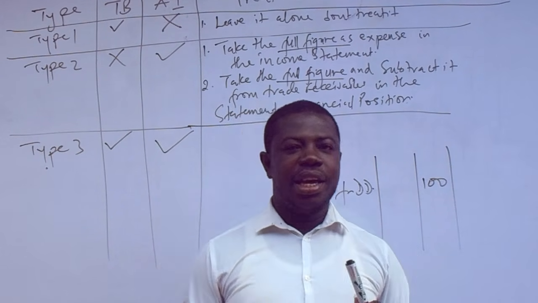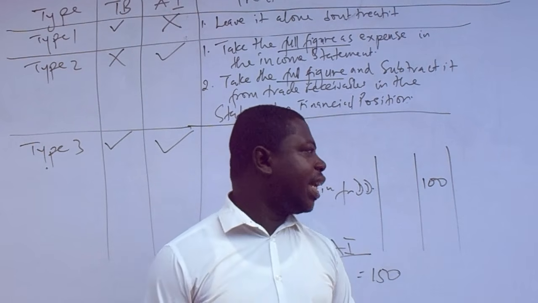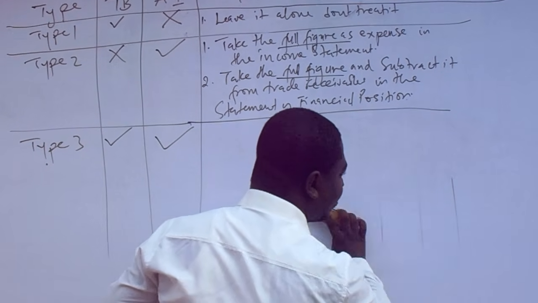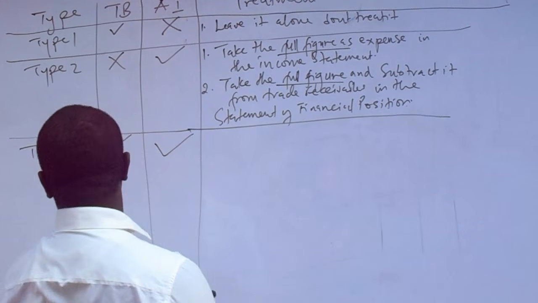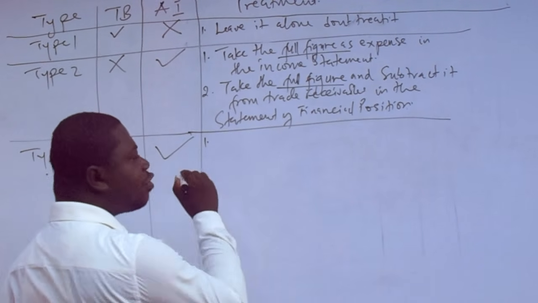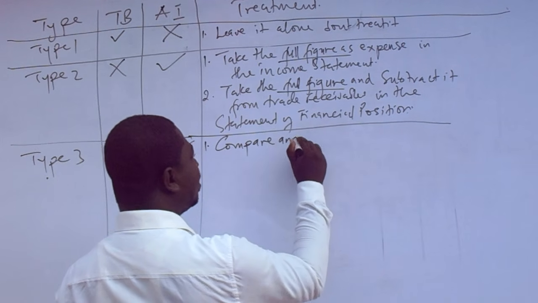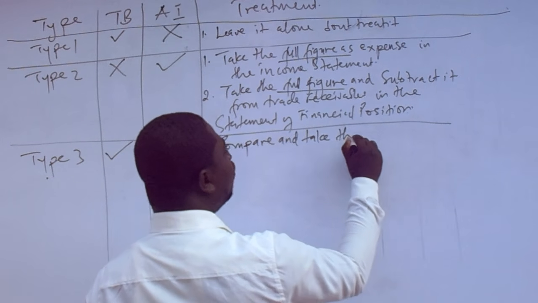So the type 3 is very cumbersome, but I'm happy that you are getting it now. And so what we are going to say in our treatment is that with the type 3, the first treatment is that I will say compare and take the difference.